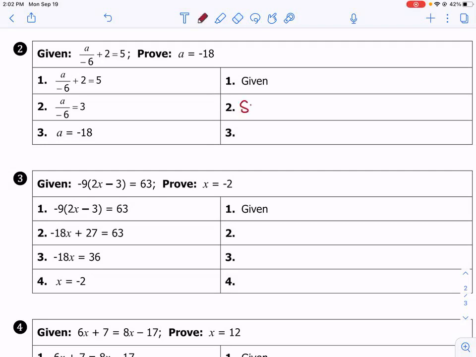So our reason is subtraction property. Red, what happens from step 2 to step 3? They multiplied by -6, so multiplication property.